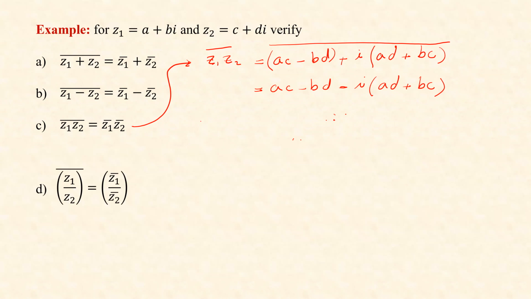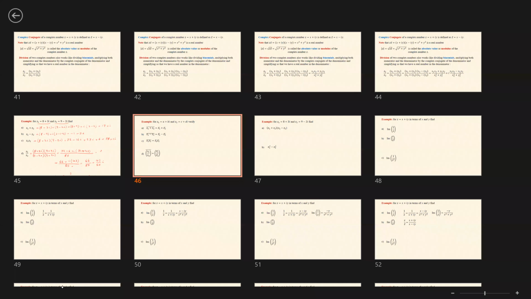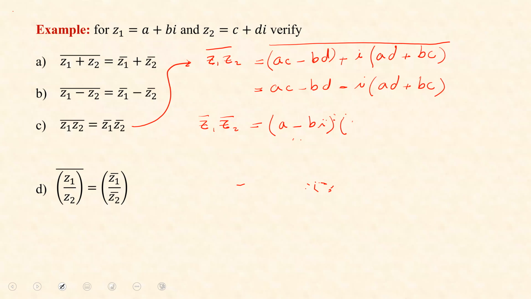On the other hand, if you multiply Z1 bar times Z2 bar, see what we have. In this case, you have A minus BI times Z2 bar, which is C minus DI, right?